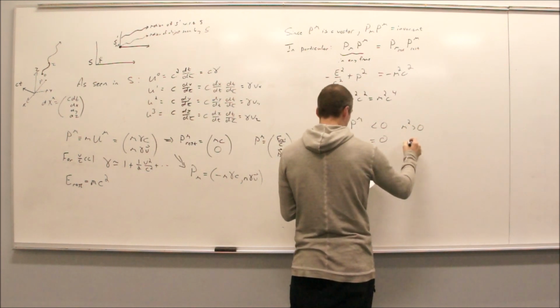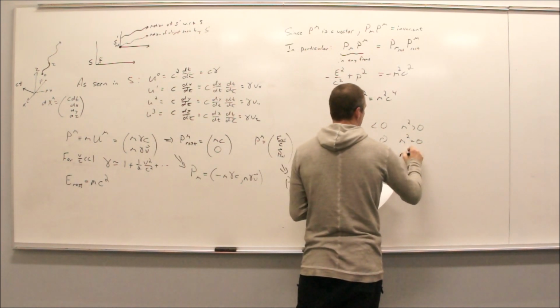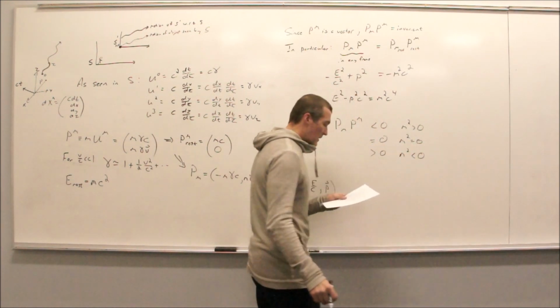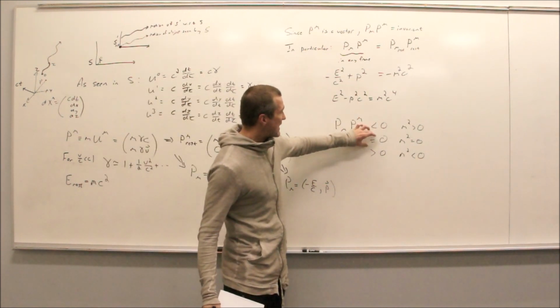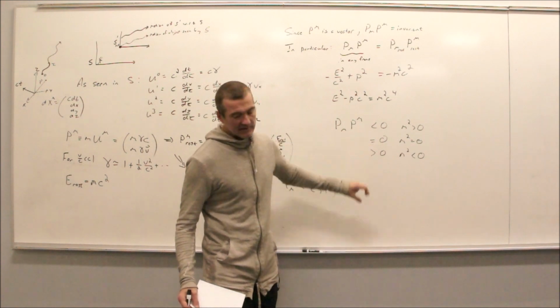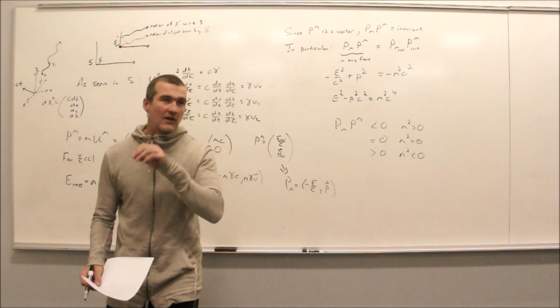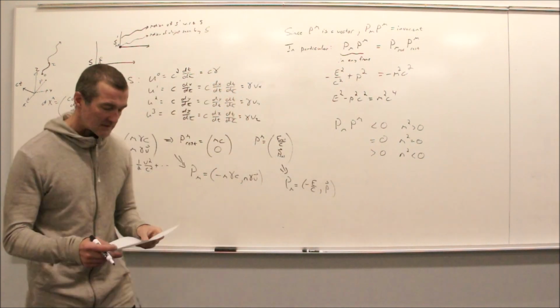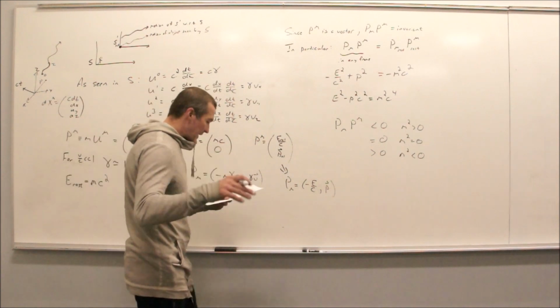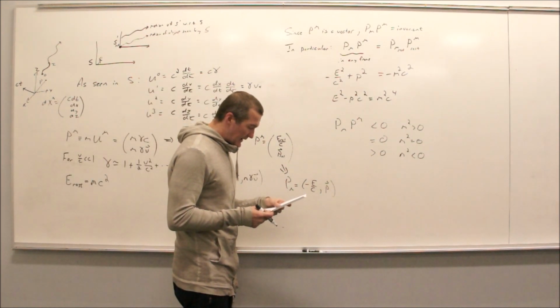If it's equal to 0, it's for a particle with a mass equal to 0. And if it's greater than 0, it's for a tachyon. These are things moving below the speed of light. These are things moving at the speed of light. And these are things moving faster than the speed of light, although we don't really talk about tachyons. Well, we actually will talk about tachyons, but more on that later.